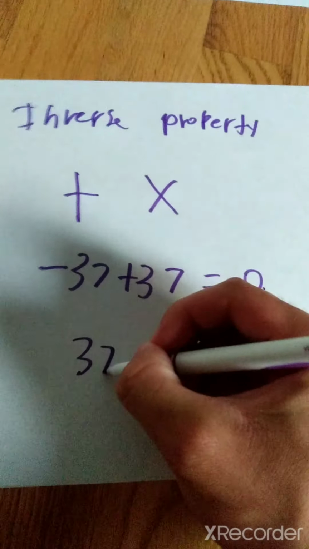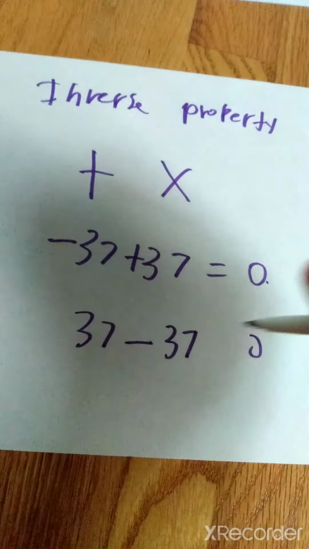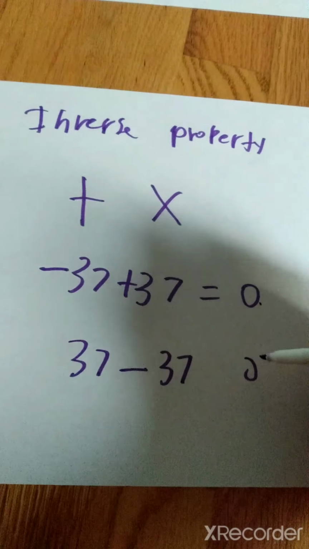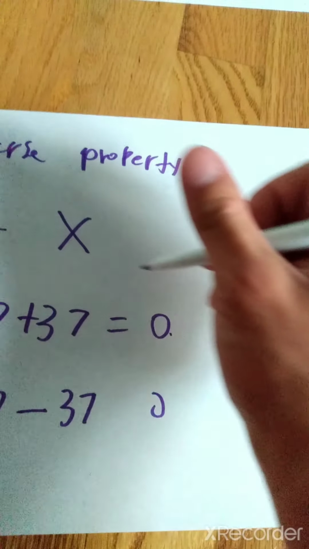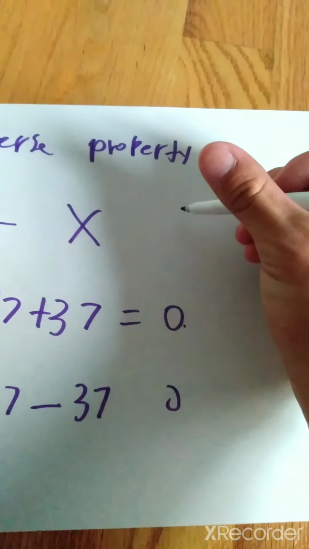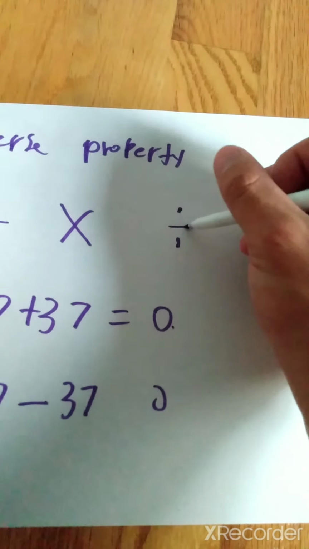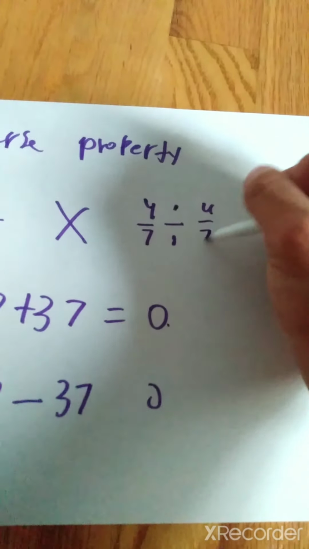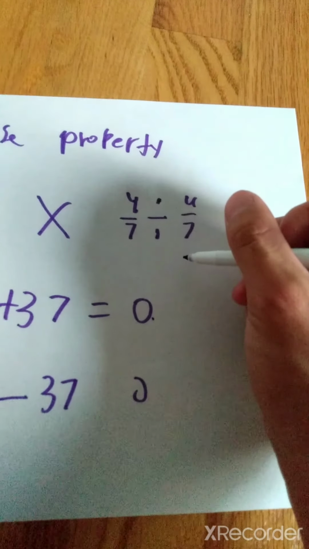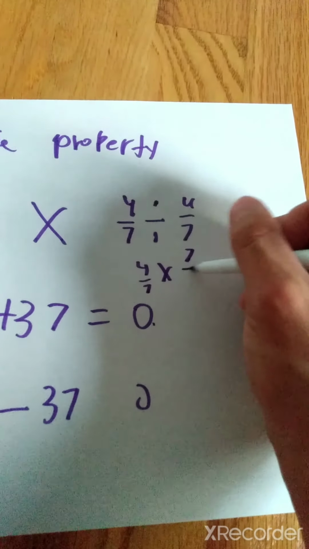If we have 37 and we want to get to 0 again, we subtract 37 to get to 0. What about multiplication? With multiplication, what we're going to do is have the reciprocal. So when we divide fractions, like 4 over 7 divided by 4 over 7, what we can do is multiply 4 over 7 by 7 over 4.